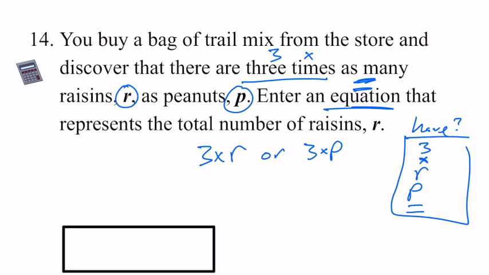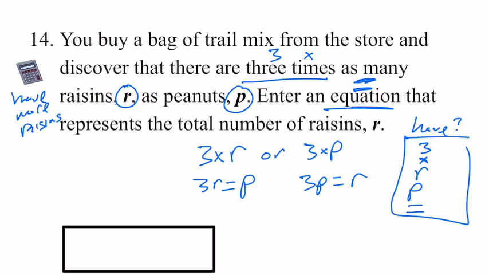Okay, so if I have 3 times as many raisins as peanuts, that means I have more raisins. So if I put in a number, right, and I say 3 times R equals P, or 3P equals R, let's just plug in a number.